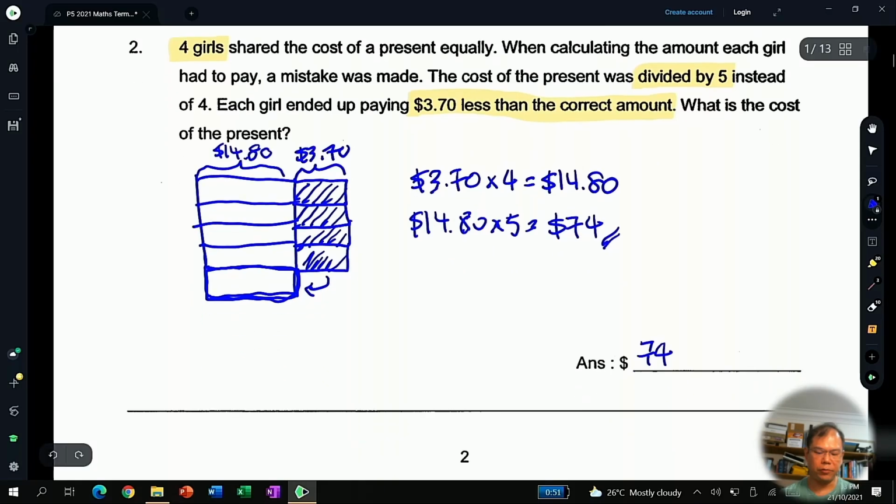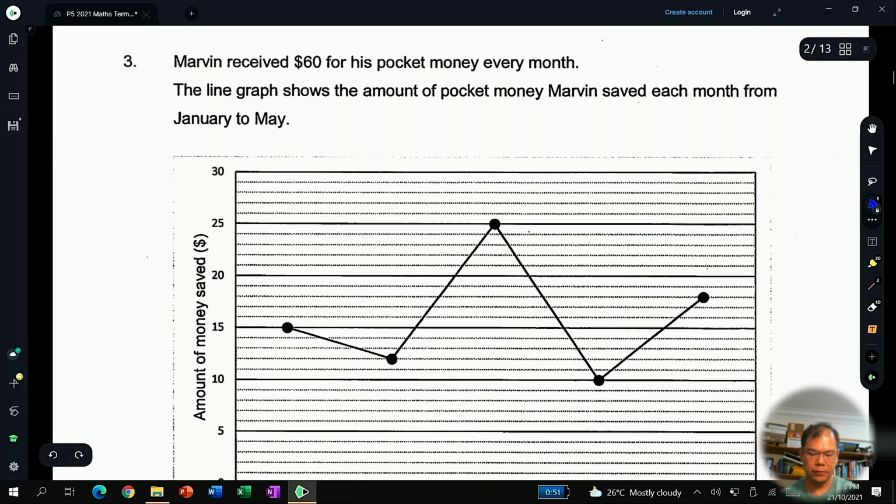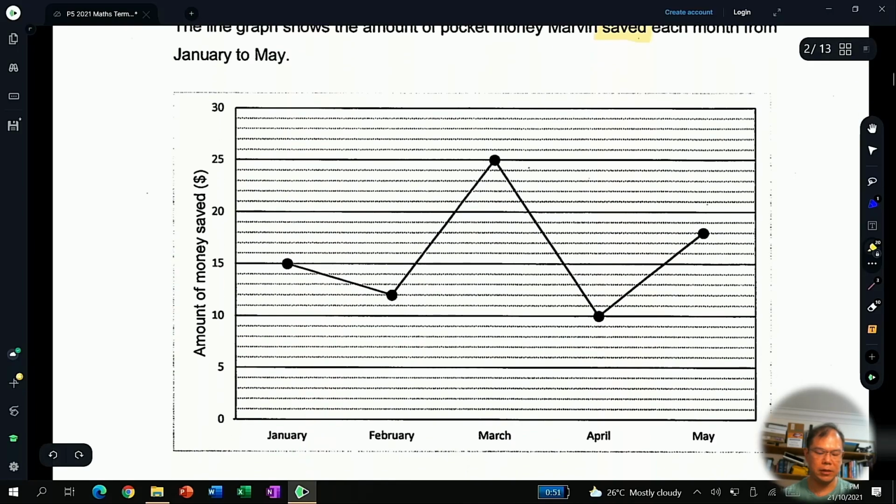Let's move on to question 3. So Marvin receives $60 for his pocket money every month, and the line graph shows the amount of pocket money he saved each month from January to May. So let's look at the line graph and see how much did he save for each month.